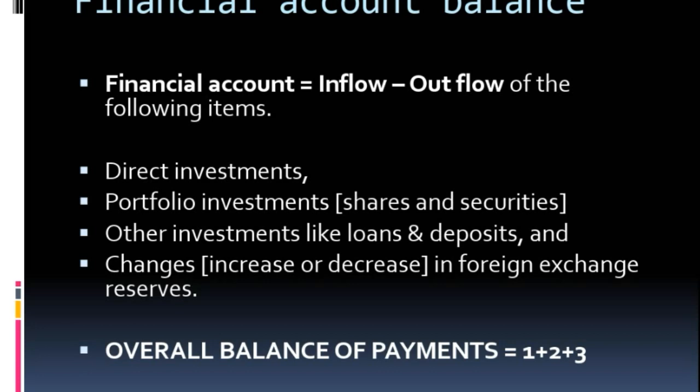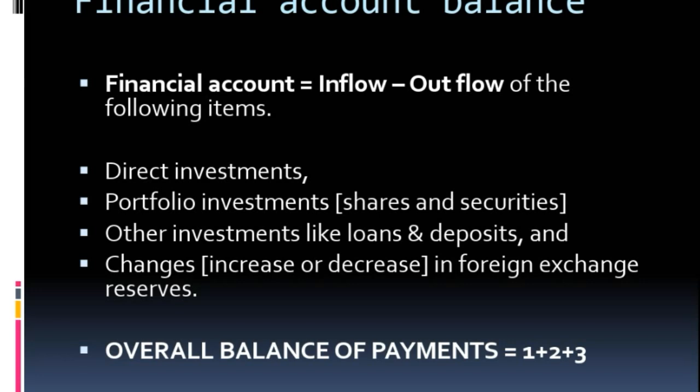If the sum total of foreign direct investment, foreign portfolio investment, and other investments is positive, then the financial account is a surplus. If this value is negative, the financial account is a deficit, and if the value becomes 0, we say that the financial account is balanced.